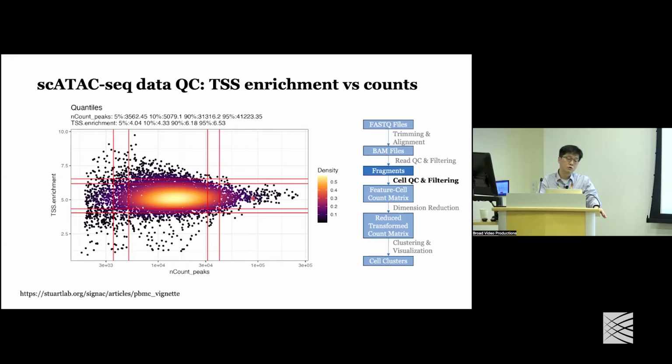Also, we don't want cells that have extremely high fragment counts because they are potentially doublets, which I'm going to talk about separately. And again, the TSS enrichment also follows the same trend, except that we also keep the cells with a high transcription start site TSS enrichment score.